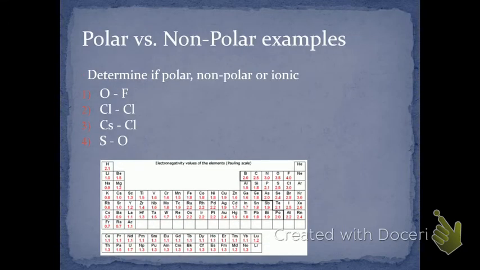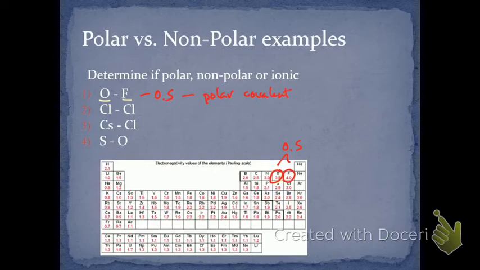So let's take the example of oxygen and fluorine. So if we look here, oxygen is 3.5 and fluorine is 4.0. So the difference is 0.5. And then if we go back and look, we would notice that 0.5, the difference in electronegativity, falls within the polar covalent bond.